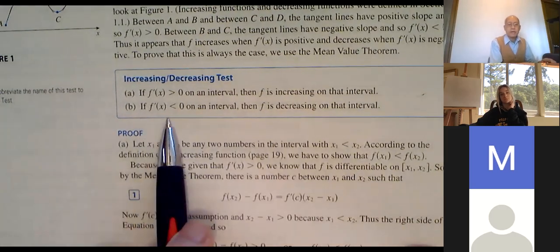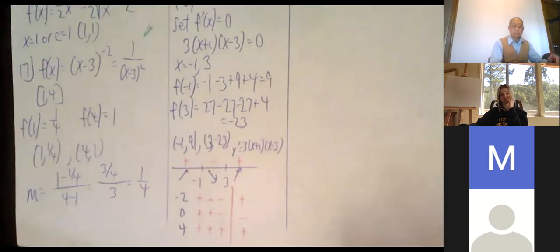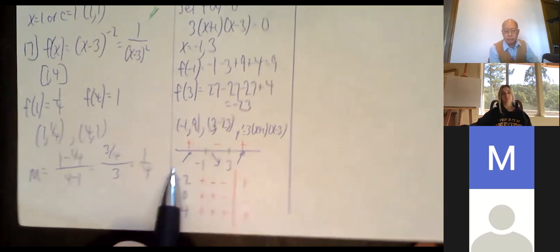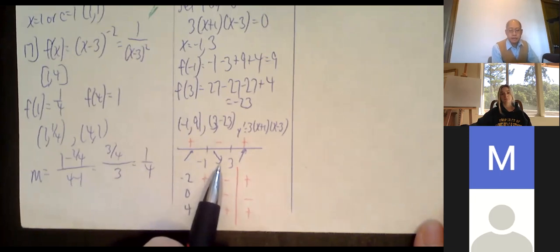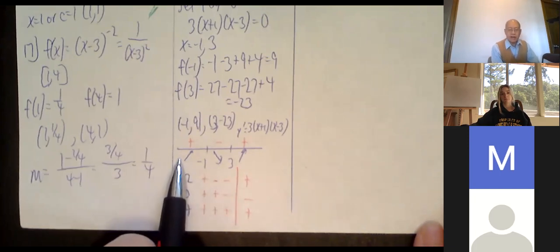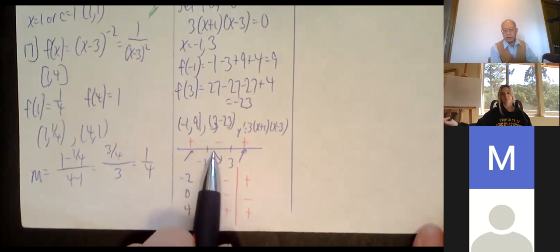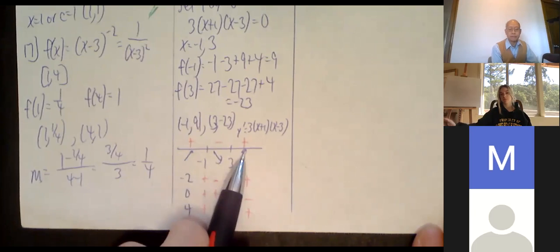First derivative negative: decreasing. So increasing, decreasing, increasing. These would be my abbreviations for increasing and decreasing. It's very suggestive. You can write the whole word, but you don't want to do that. Just go like that: increasing, decreasing, increasing.